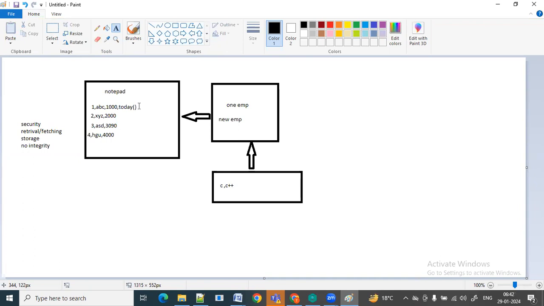So what will I be doing? First I will be checking in the notepad, and second I will be checking in notepad 2. Which means it is not going to search in a parallel way in both the notepads at a time. I cannot search for the record in both the notepads at the same time, which means concurrency was not there. So concurrency means what? Parallelism.